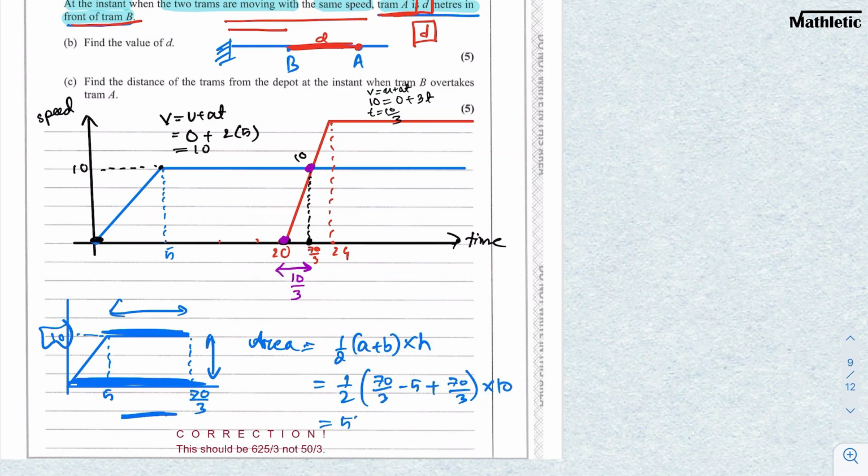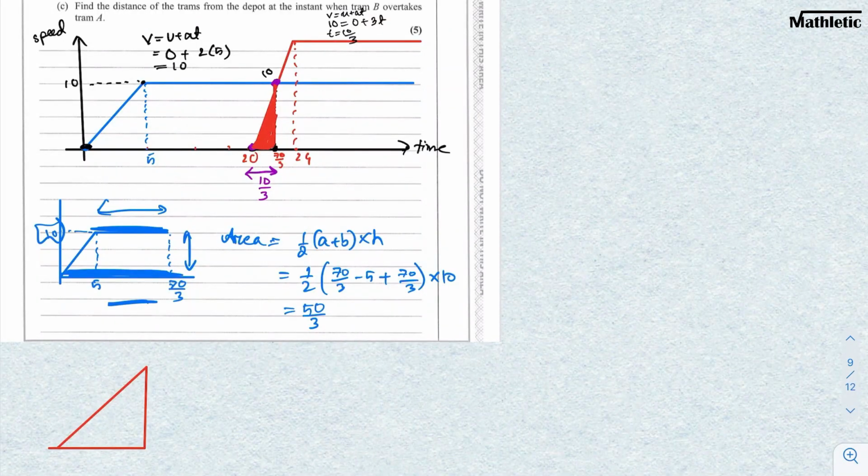So that's 50/3. Next I will try to find the distance traveled by tram B up to this point, which is basically a triangle. So we will find the area of this right angle triangle. The base of the triangle is 10/3, and the height of the triangle is 10.